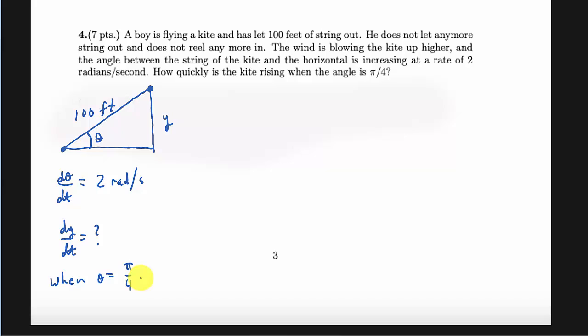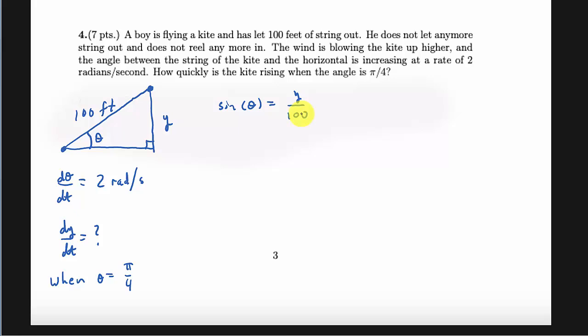All right, so we need an equation. Well, we've got a right triangle here. And we know that sine theta is equal to y over 100. Remember, sine is opposite over hypotenuse.